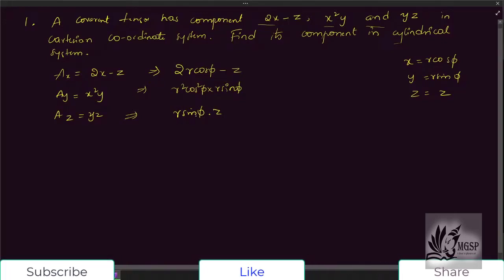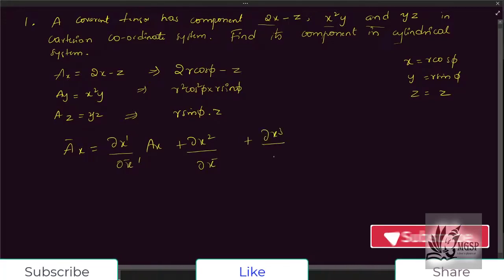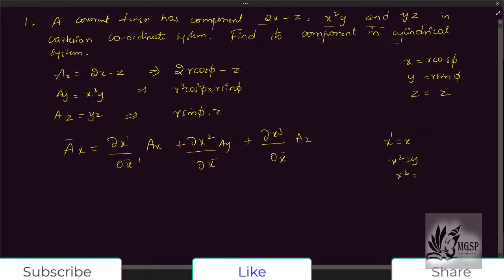In tensor convention, like what you have seen in the previous class, a bar of x can be written as dou x bar by dou x times ax plus dou x square by dou x bar times ay plus dou x cube by dou x bar times az. Now just for convention, x bar can be written as x1, x square as x2, x cube is equal to z.